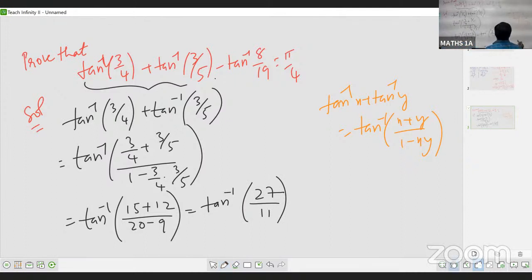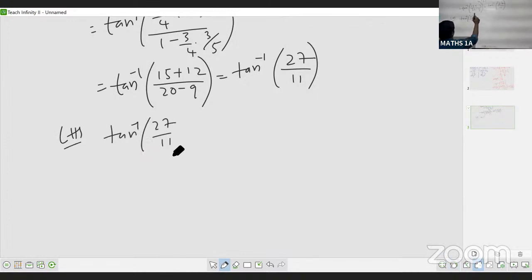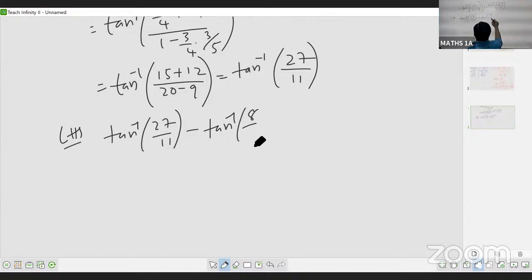Now LHS again: tan inverse of 27 by 11 minus tan inverse of 8 by 19, correct? 8 by 19, this you are going to find. Again, which formula am I going to use?